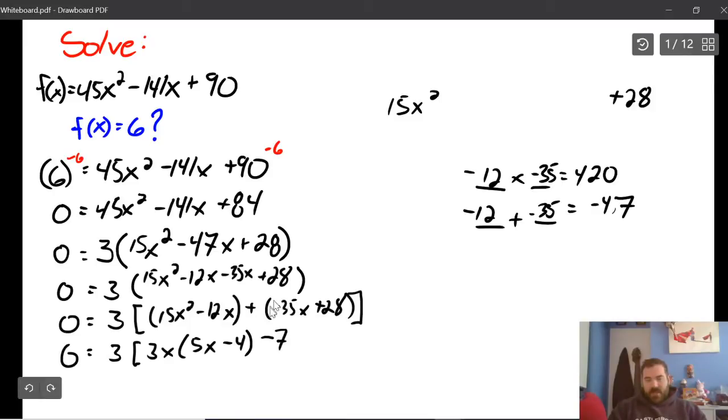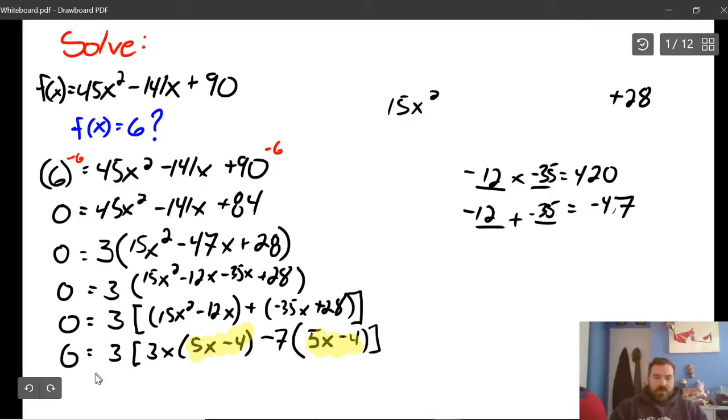And I do like to pull out the negative 7 only because I like this first term to be positive. So that's going to give me positive 5x, minus rather, because I'm pulling out a negative 7, minus 4. All right, perfect. That works out because these two are the same, which is my requirement for factoring by grouping. So that's how I know that this is factorable.